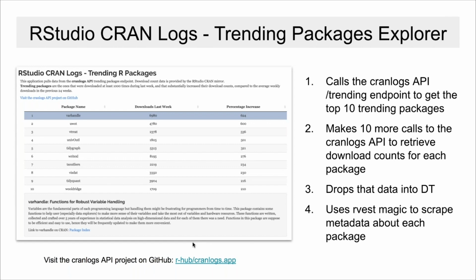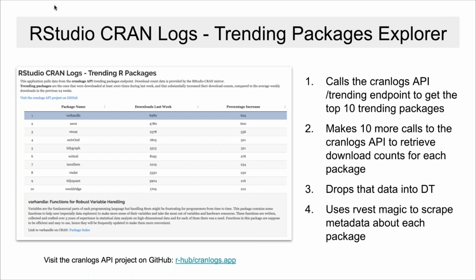So all of this data is coming from the CranLogs API project, plus a little bit of rvest magic scraping metadata about each package. The workflow is that I call out to the CranLogs API /trending endpoint to get those top 10 trending packages.